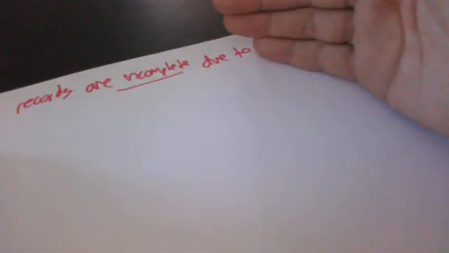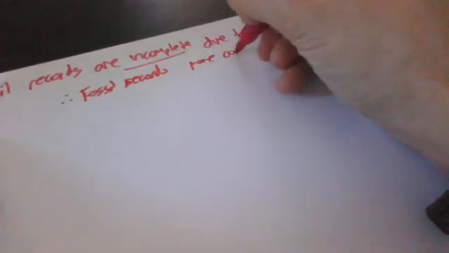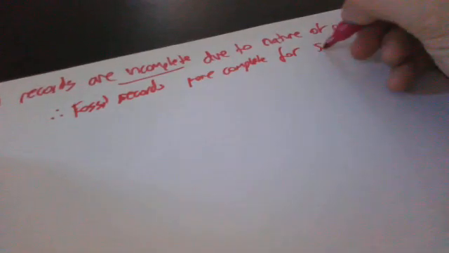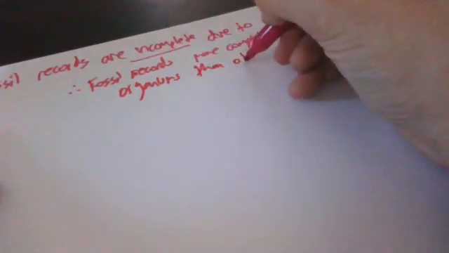And there's a low chance of it being fossilized after death. It could also be eaten by something else. It could be in the wrong place. So fossil records are therefore more complete for some organisms than others.